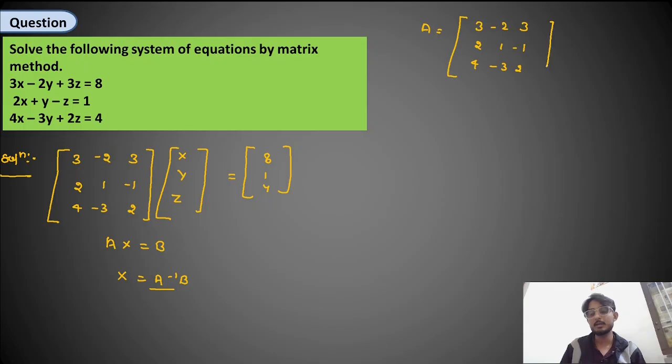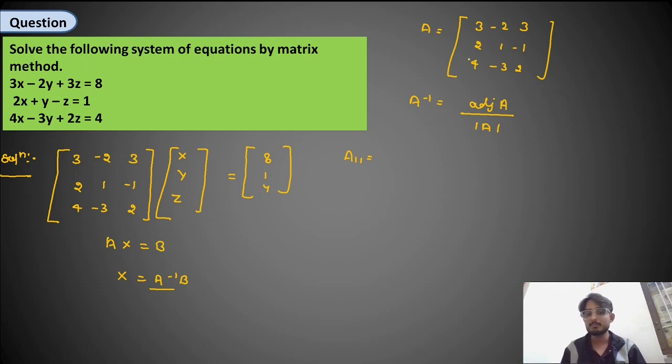How can you find the A inverse? A inverse equals the adjoint of A upon the determinant of A. So to find the adjoint, you have to find A11, A12, A21, A22, A31, A32, A33 by the shortcut method, because I have already explained all these cofactors in a previous video.